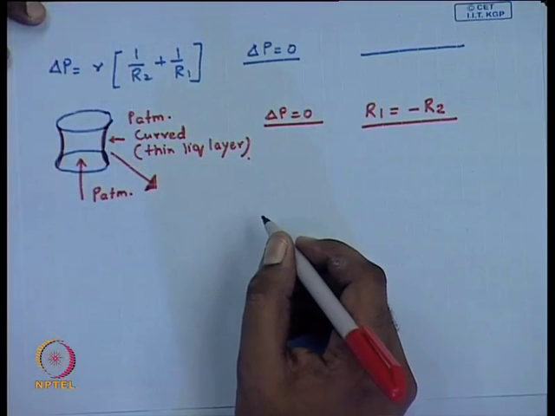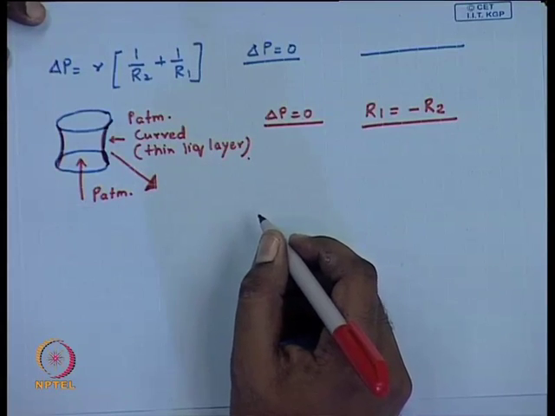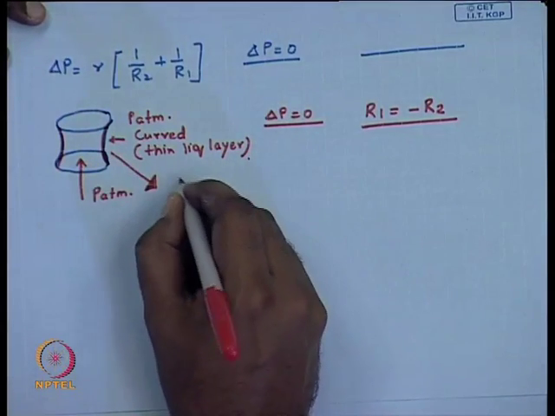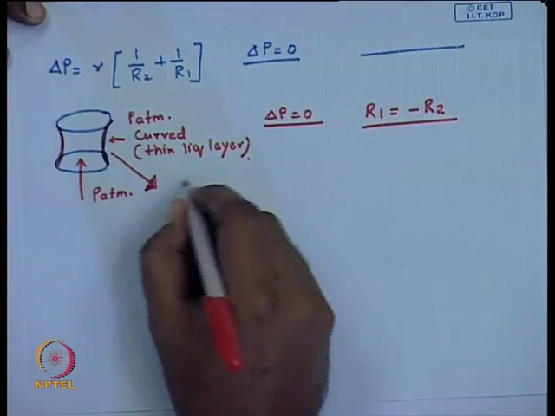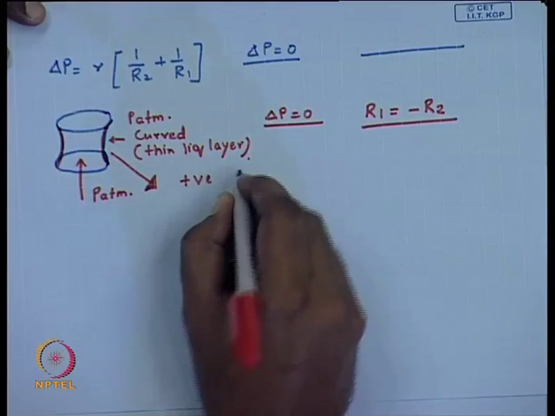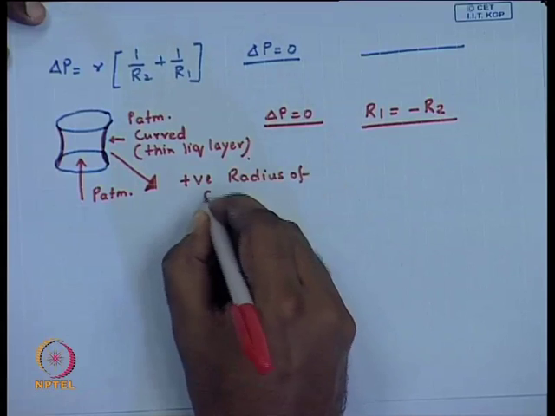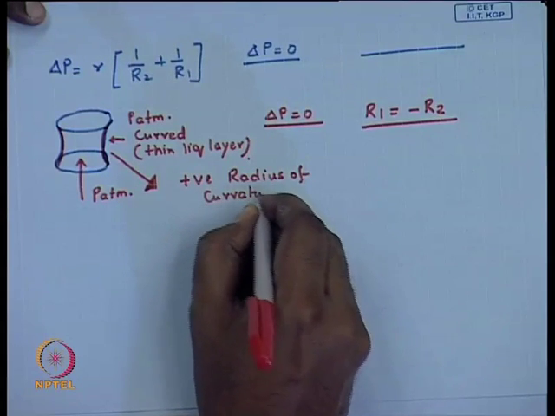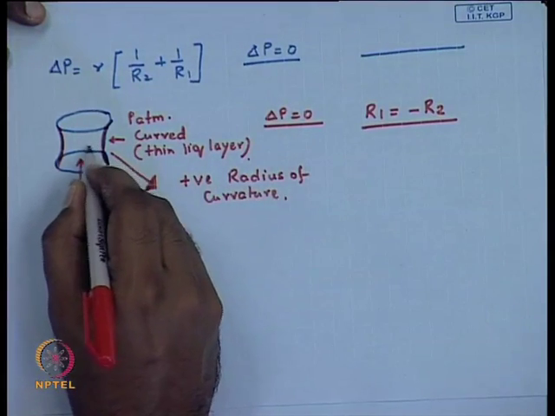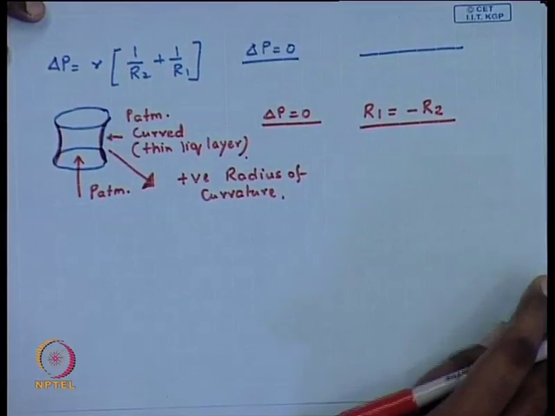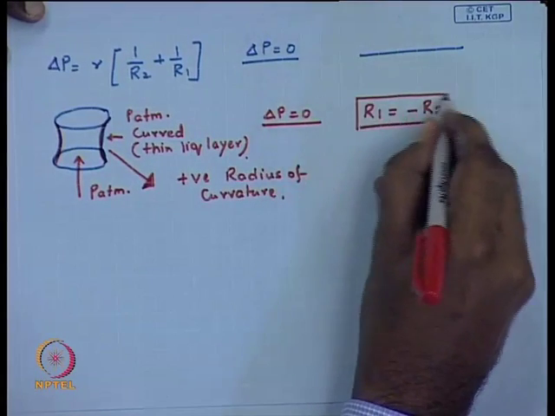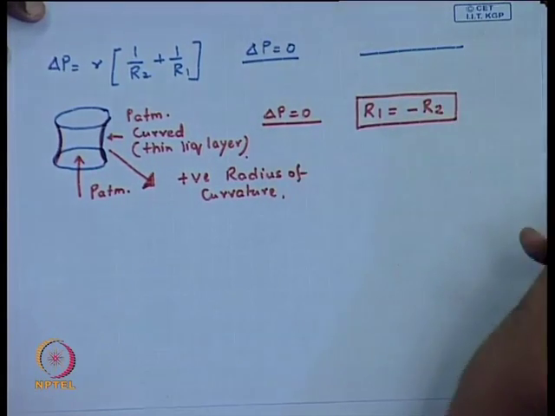So, you can define that a concave surface, let us say this is the concave, has the positive radius of curvature. Consequently this side will have a negative radius of curvature and these two radii of curvature match here and you get delta P equal to 0 for this particular setting.